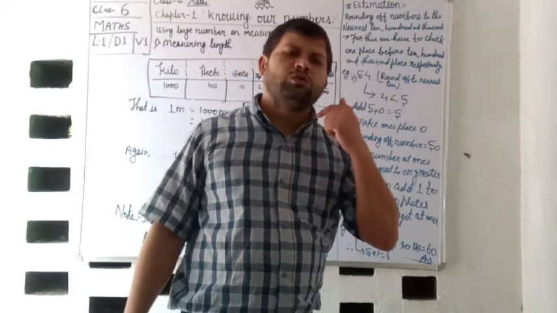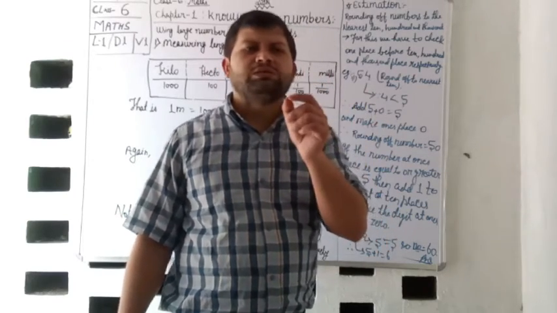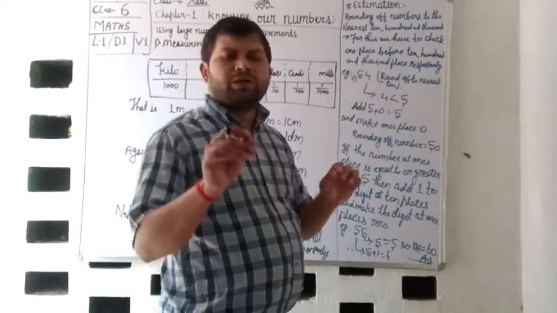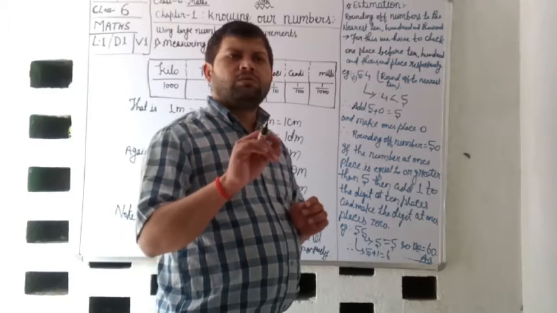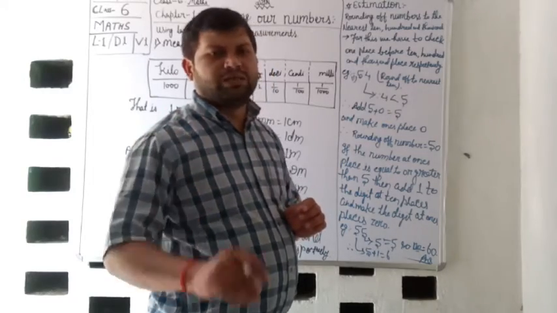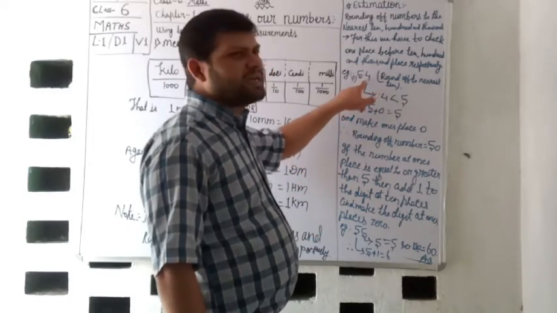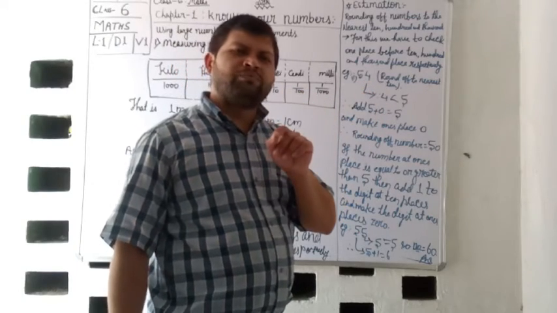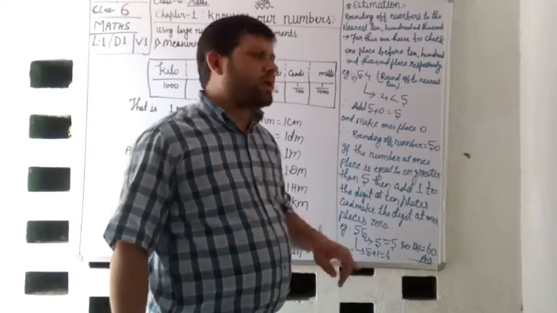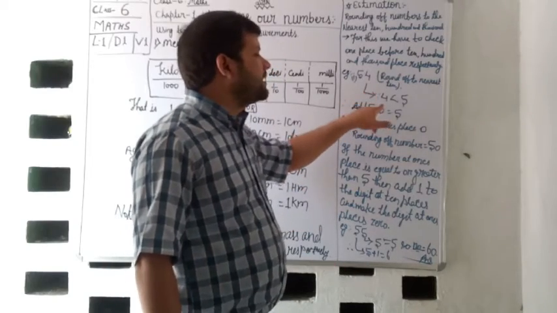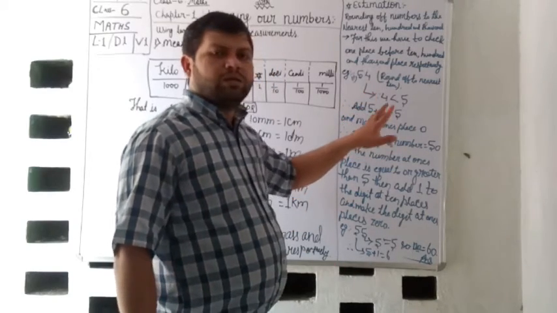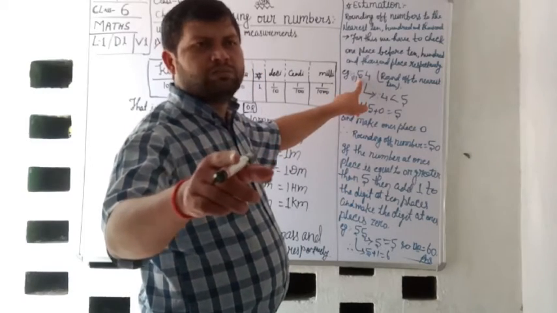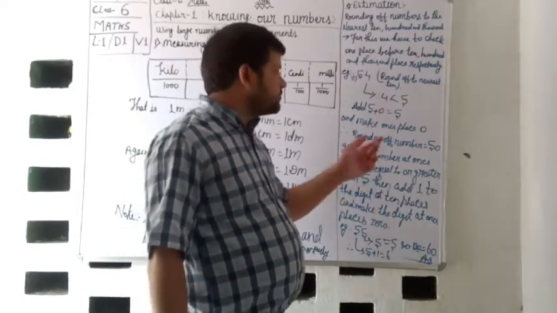If we want to round off a number to its nearest 10, we take the digit at the ones place and check whether it is less than 5 or equal to or greater than 5. If this digit is less than 5, then we keep the tens place digit and make the ones place 0.